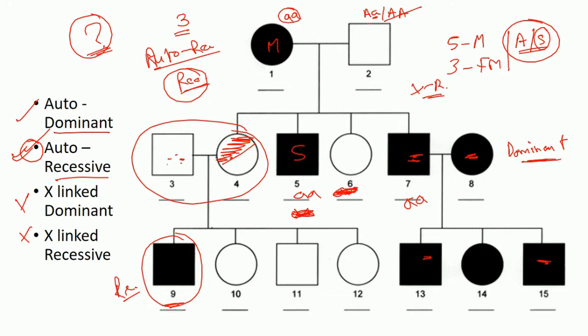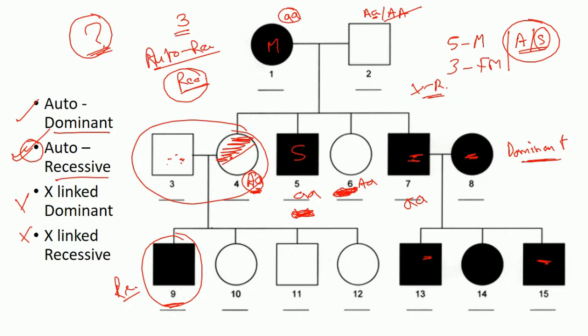Now this mother could be capital A small a, and this one also could be capital A small a, for example. Capital A small a means it's a carrier, so it is not getting the disease, but it carries the small a gene and transfers it to the next generation and causes it to show the disease.